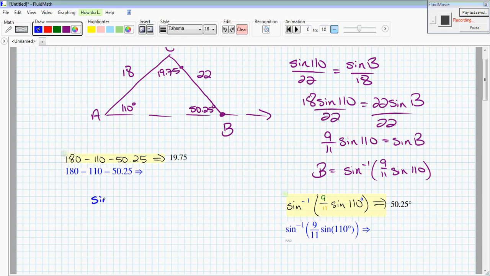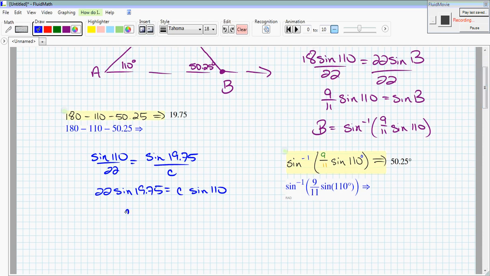We would have the sine of 110 over 22 again equals, in this case we'll do the sine of 19.75 over C. Now when we cross multiply, we have 22 times the sine of 19.75 equals C times the sine of 110. Divide both sides by the sine of 110.